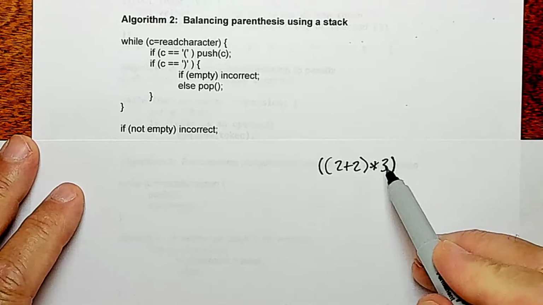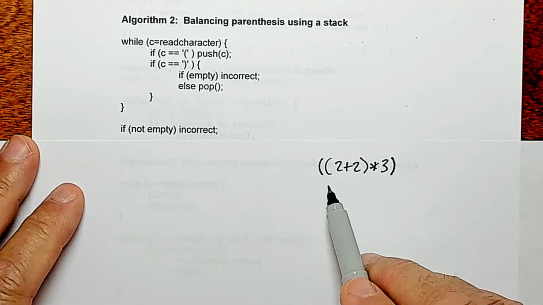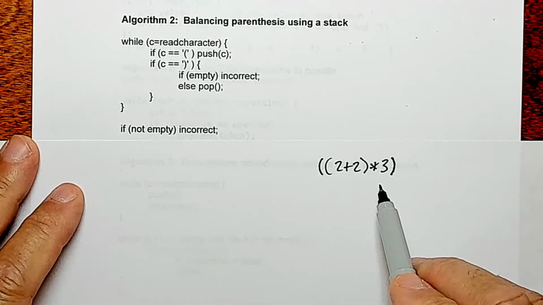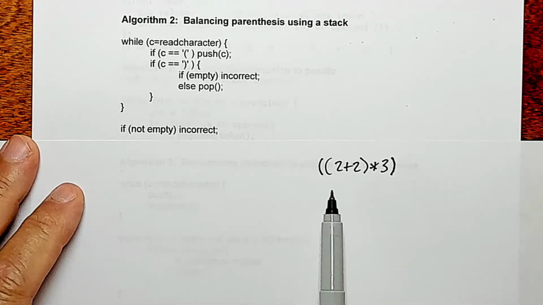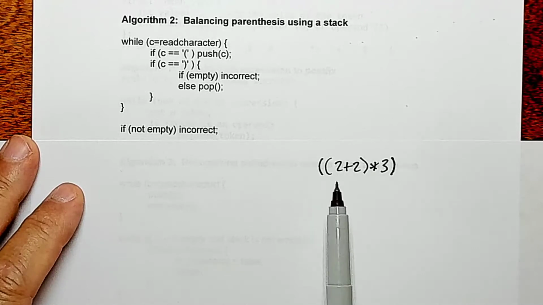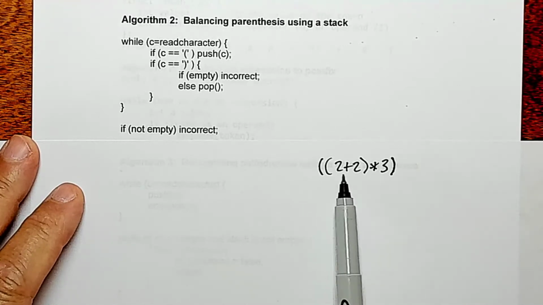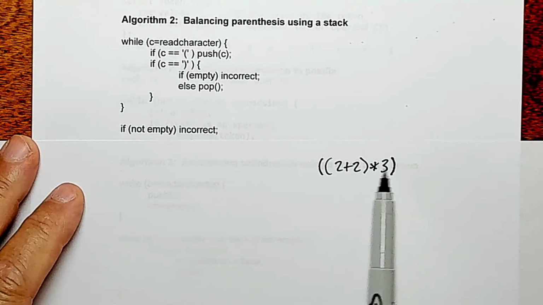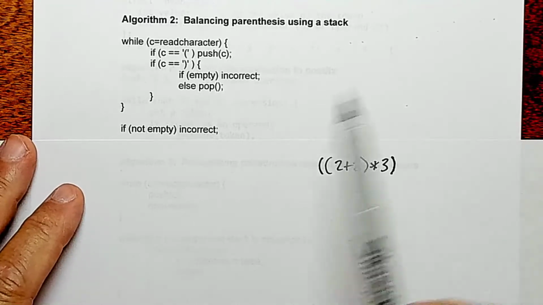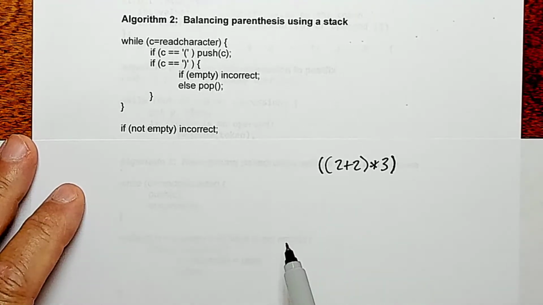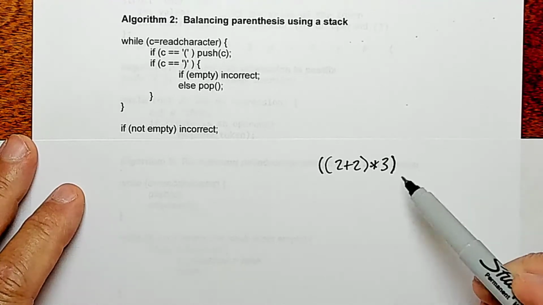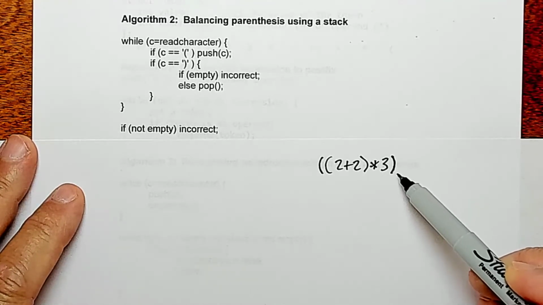This is used by compilers when they translate your code into assembly code. The compiler will perform many checks, one of which is just checking to see if your parentheses balance. And if they don't, it'll spit out an error at the bottom of the compiler output.